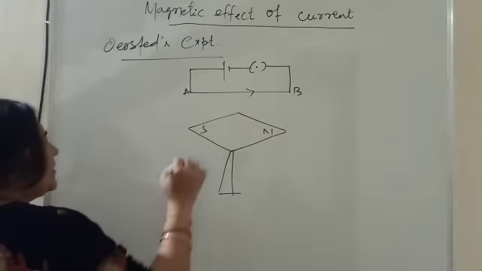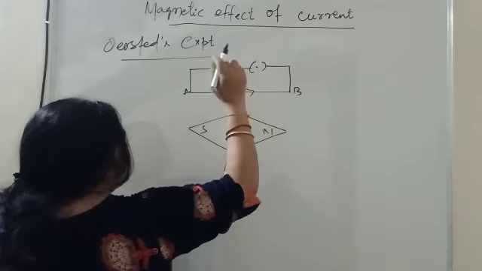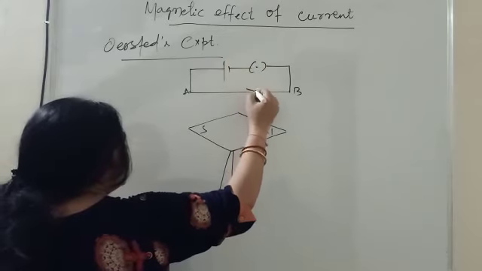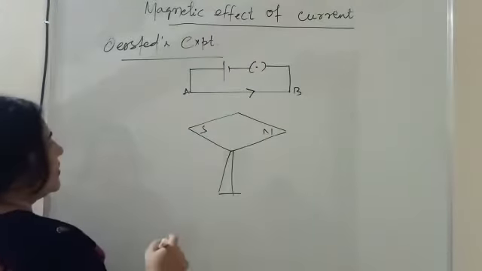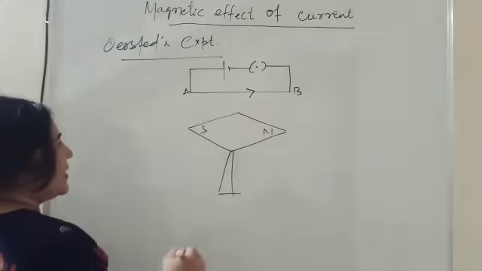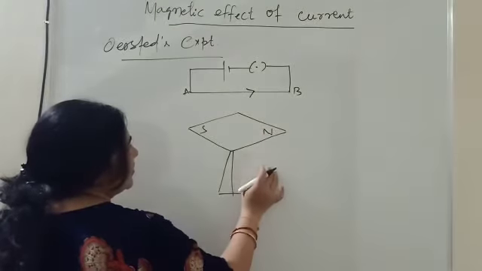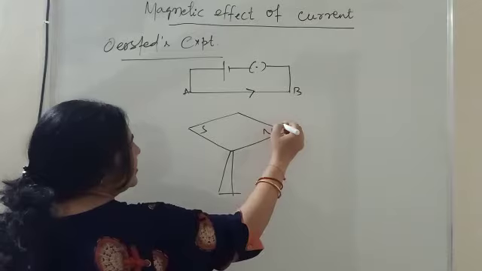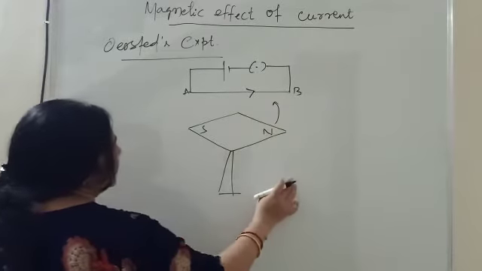Now, when he switched on the circuit, and the current started moving from south to north, he observed that the north pole of the needle was getting deflected in a particular direction.